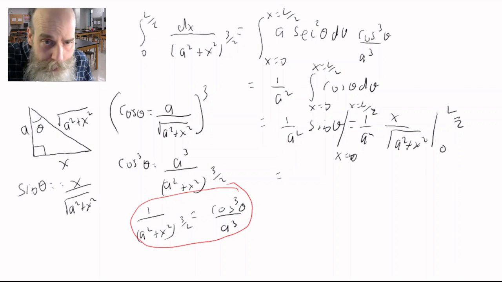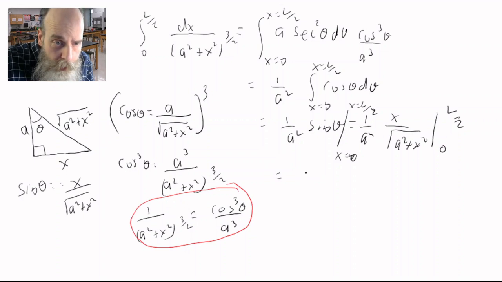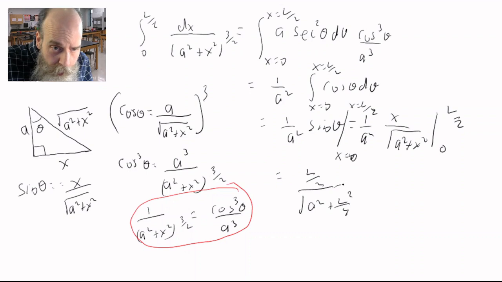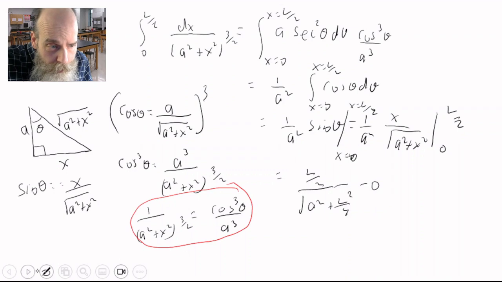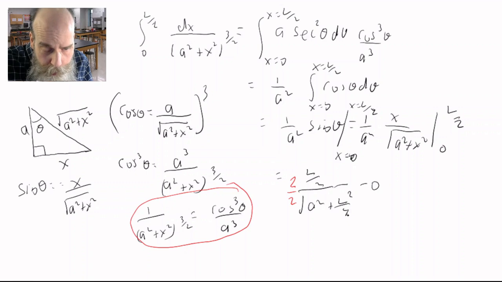Okay, so that is L over 2 divided by square root a squared plus L squared over 4, minus 0. Now let's multiply this first term by 2 over 2, because I want to get rid of this 4 in the denominator.